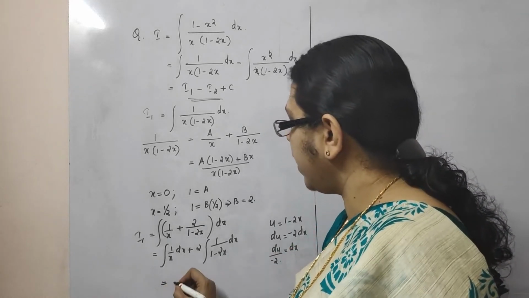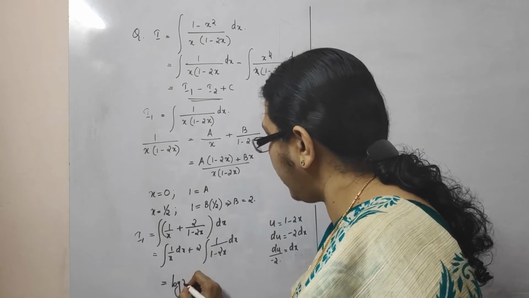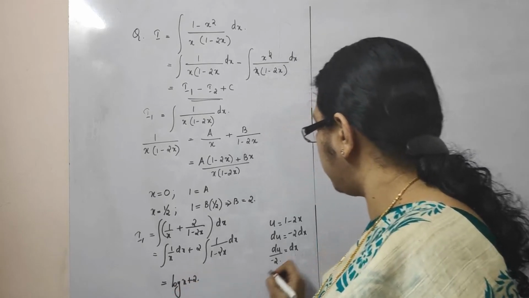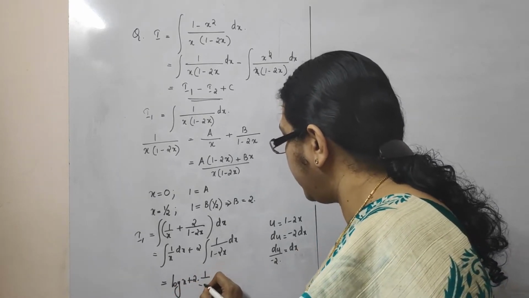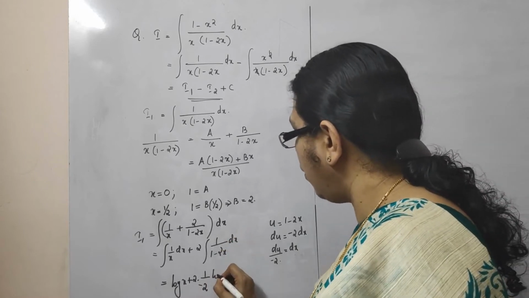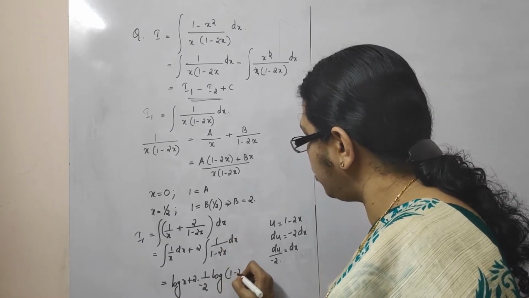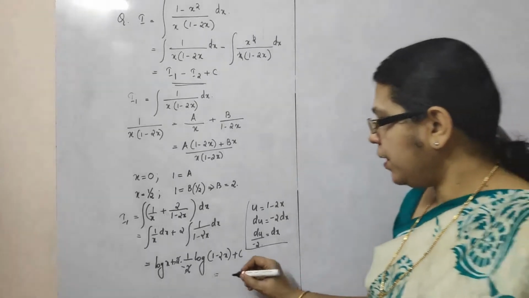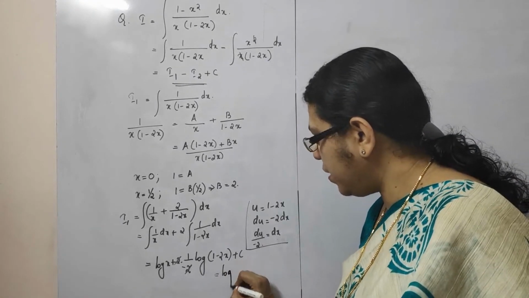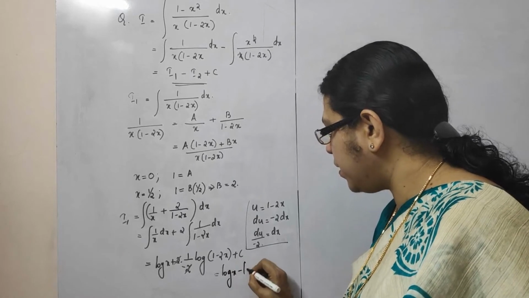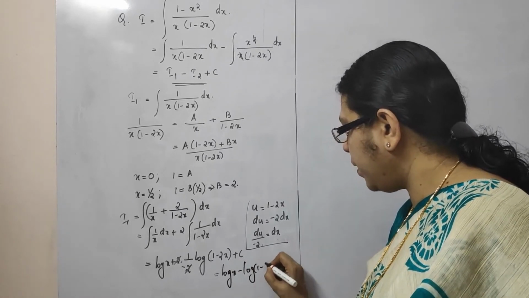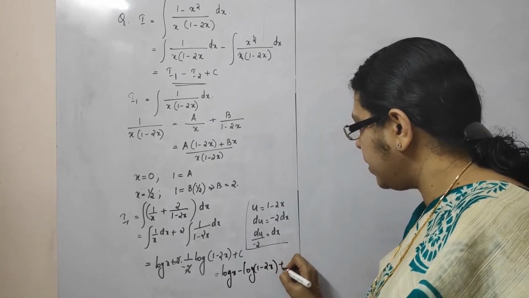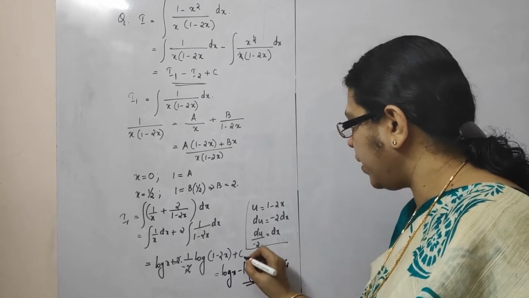So I will write this as log x plus 2 times, there is 1 by negative 2 here, into log of 1 minus 2x plus c. So now, as you see, you get this expression as log x minus log of 1 minus 2x plus c1. So this is what you are getting.